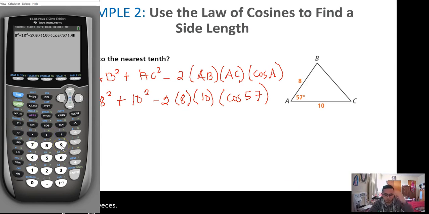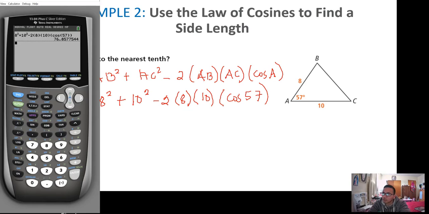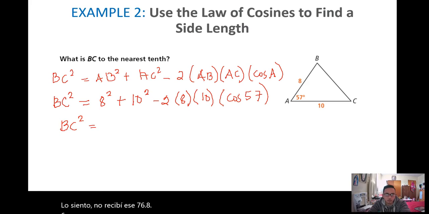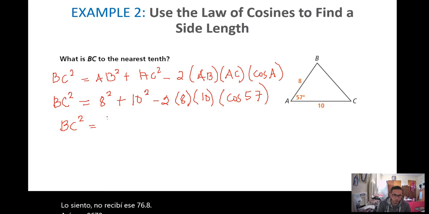Double close that. So the answer is approximately 76.86.